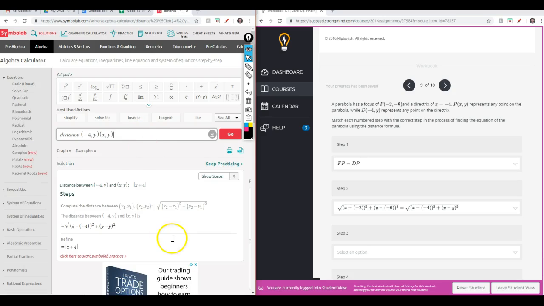Click go on that, and so -4 again is x1, this y is our y1, this x is our x2, and this y is our y2. So that's how they substituted it in to have this. Again, I'm making sure that this distance formula matches the one that was selected, and it does. So I know that this step is the correct next step.